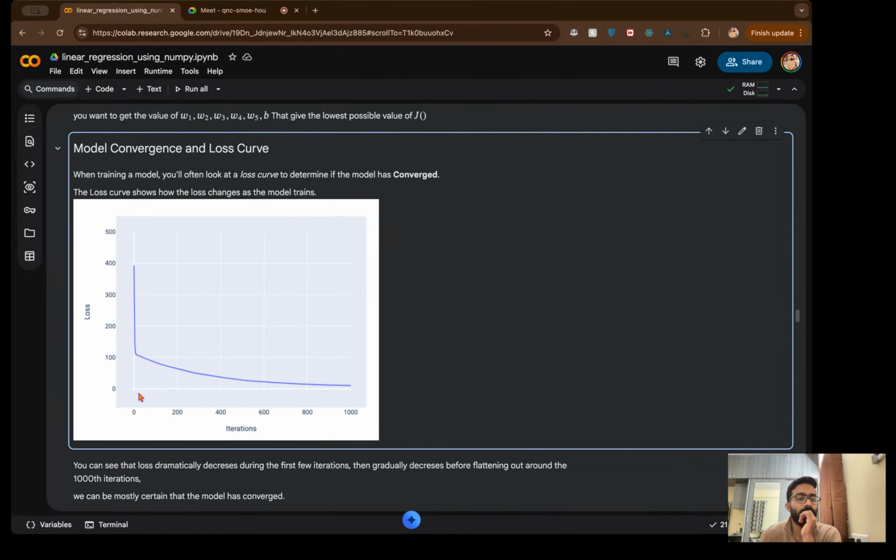Initially, on the zeroth iteration, the loss is 400, and slowly, as the iterations go on, let's say by the 200th iteration, the loss is already down to about 90. Earlier it was at 400. You can see we are moving in the x direction, the iterations.